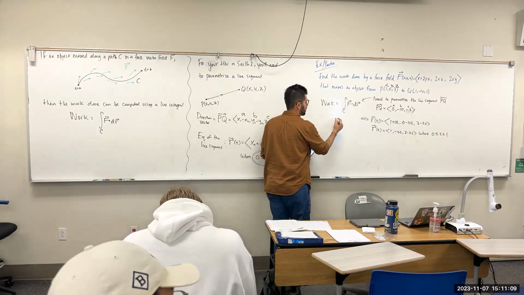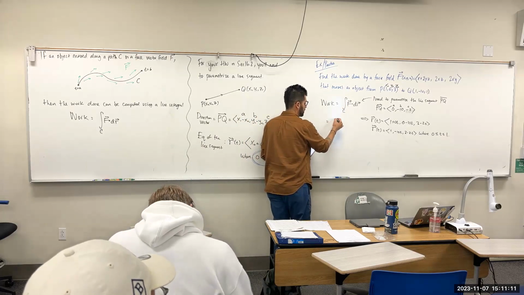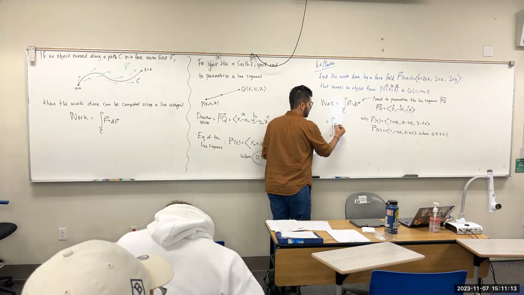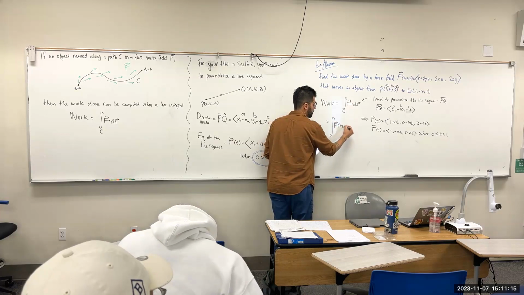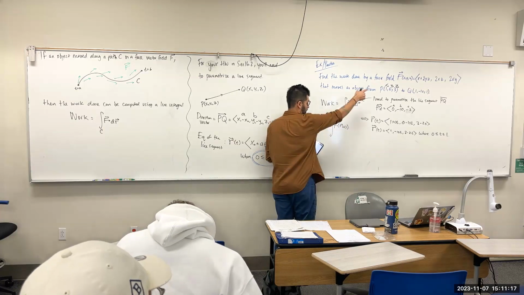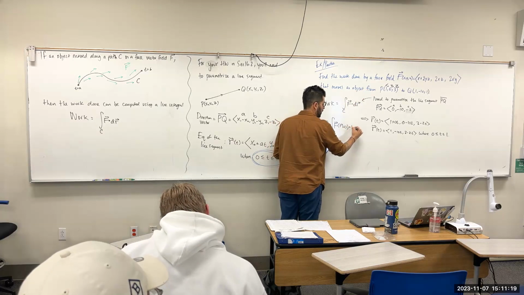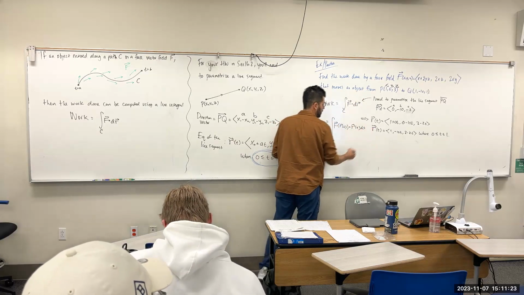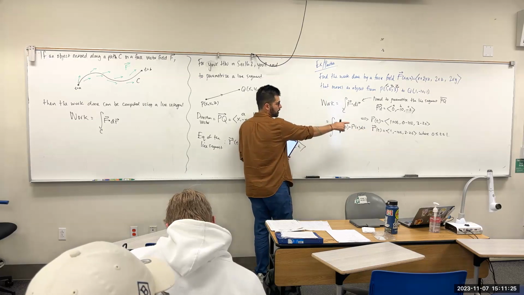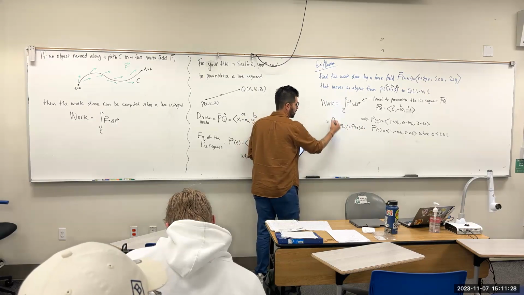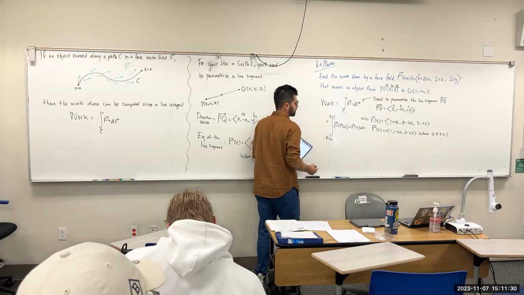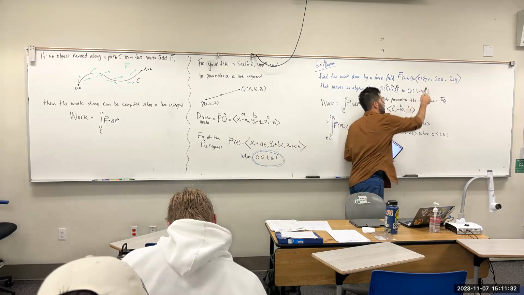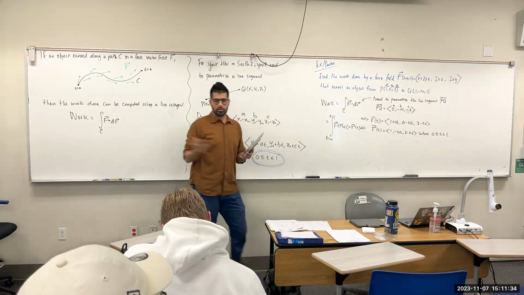All right, so I'm doing the work here. I'm going to compose r inside of that nasty vector field, take the derivative of r, and then dot product that. Now I know t will go from 0 to 1. This vector field kind of scares me, but it actually works out really nicely.